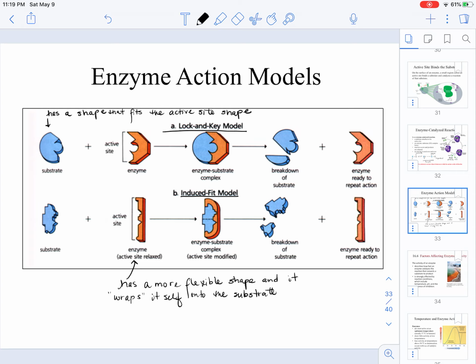So as you can see, in the induced fit model, your enzyme is going to be more dynamic because it changes its shape to accommodate the substrate. And that's how it accomplishes the catalysis of the reaction.